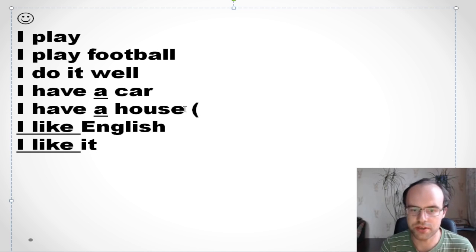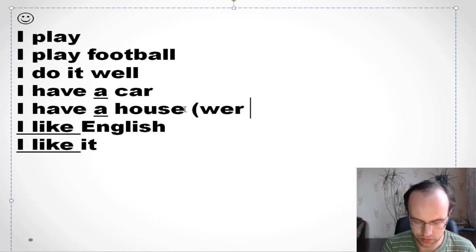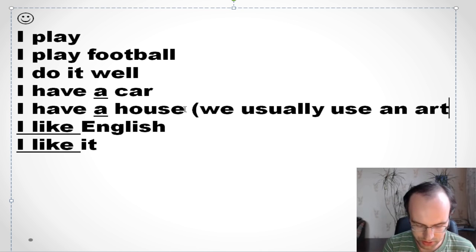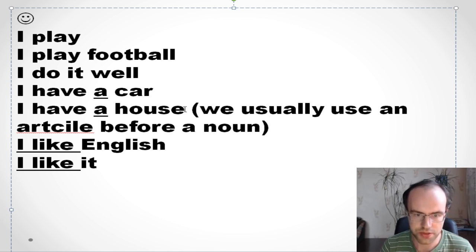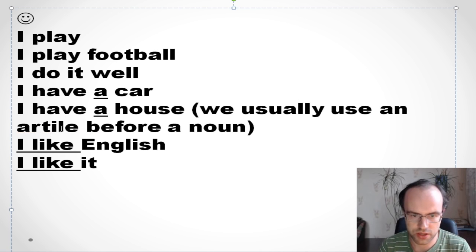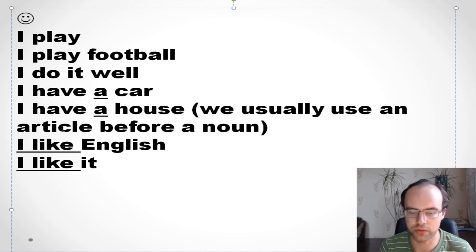So we usually use an article before a noun. Car is a noun and house is a noun.